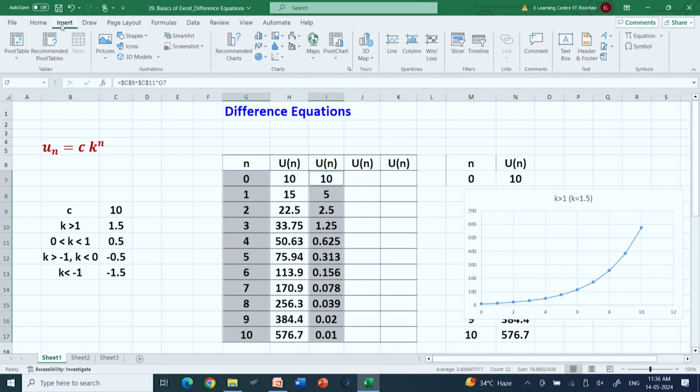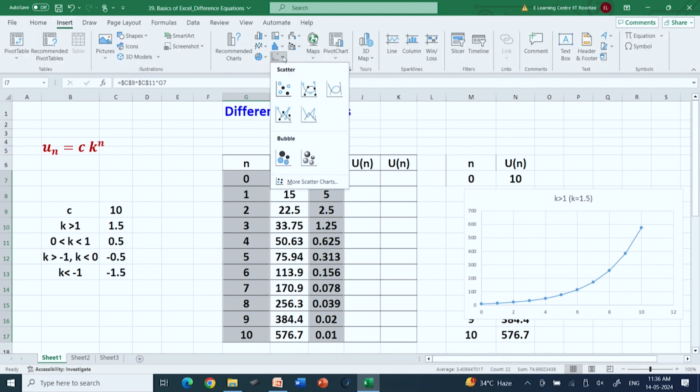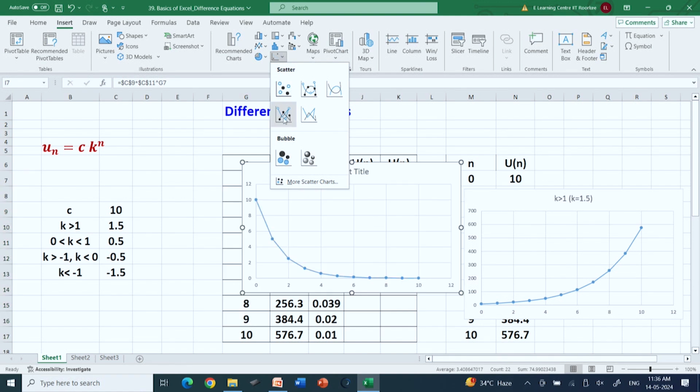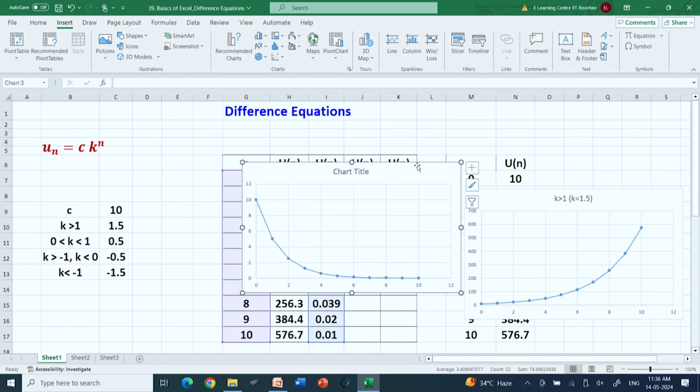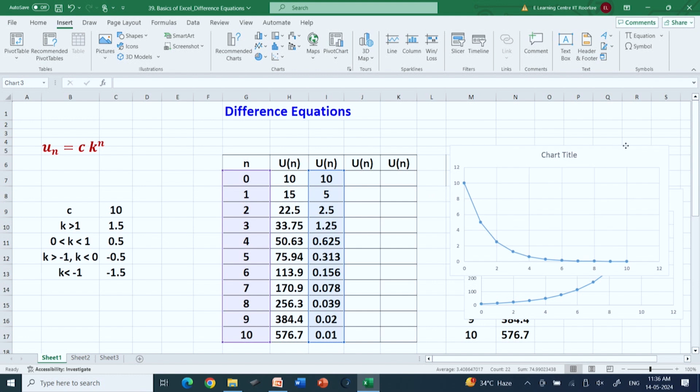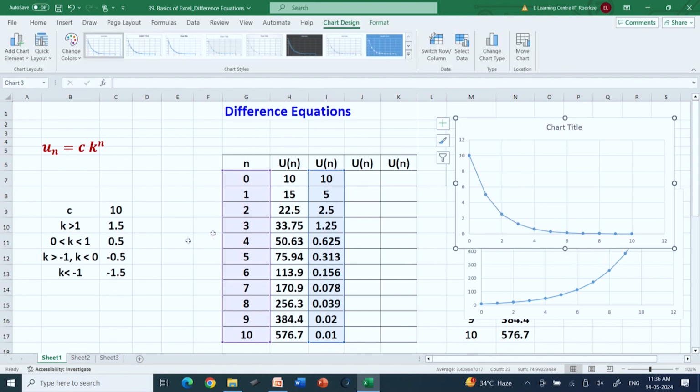Then you go to insert, again choose this figure. So when k lies between 0 and 1, you have a decreasing curve.